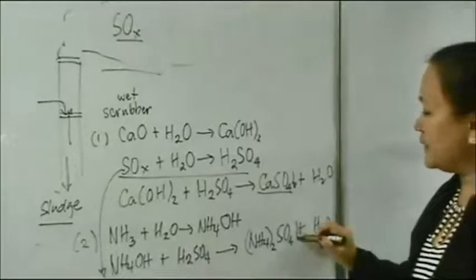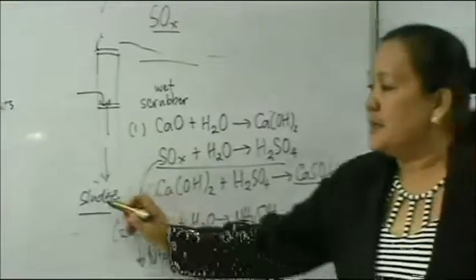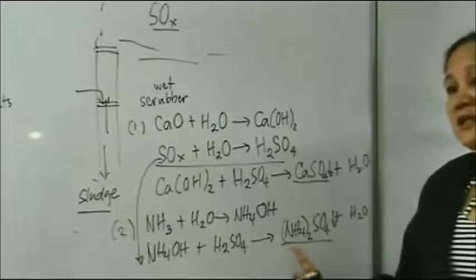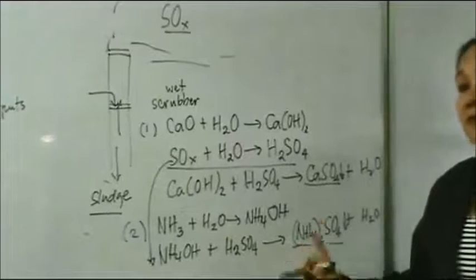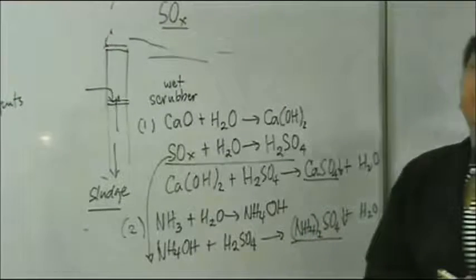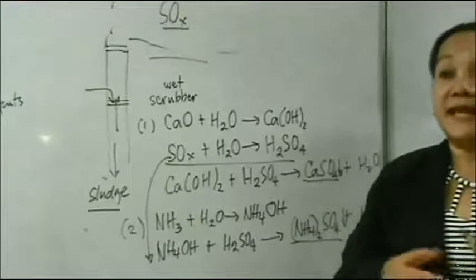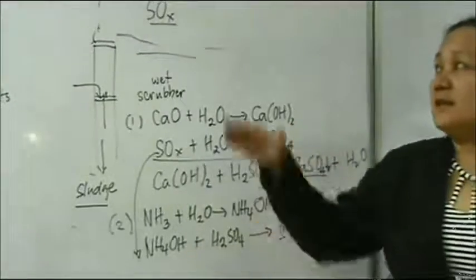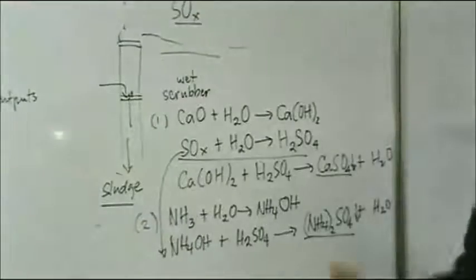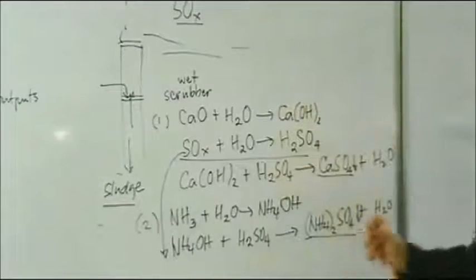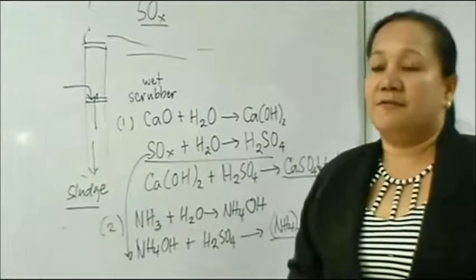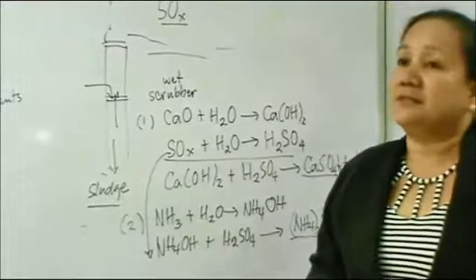Where do you think we can sell this if this will be in the form of sludge? Ammonia is the major component of fertilizers. Therefore, you can sell this to fertilizer company. So then again, you have eliminated the air emission, you have eliminated the sludge that you have produced out of the treatment, and then you have gained profit out of the selling of the ammonium sulfate. So that is cleaner production.